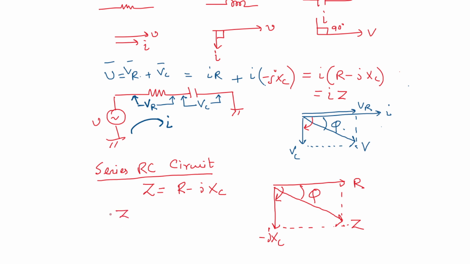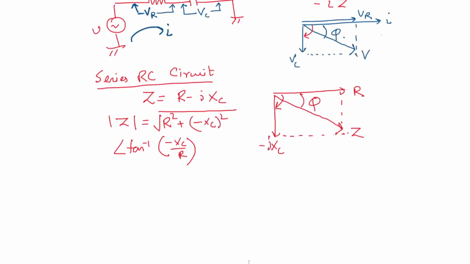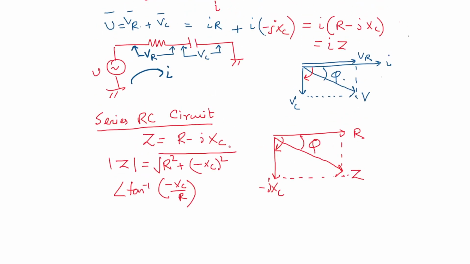So the magnitude of Z is given by the square root of R square plus minus XC whole square, and the angle is nothing but tan inverse of minus XC by R. This is the series impedance for the series RC circuit, R minus j XC.